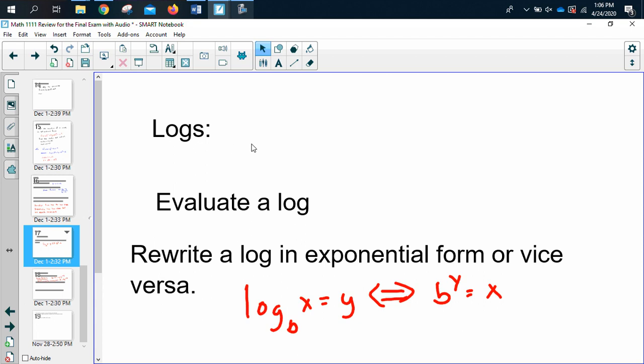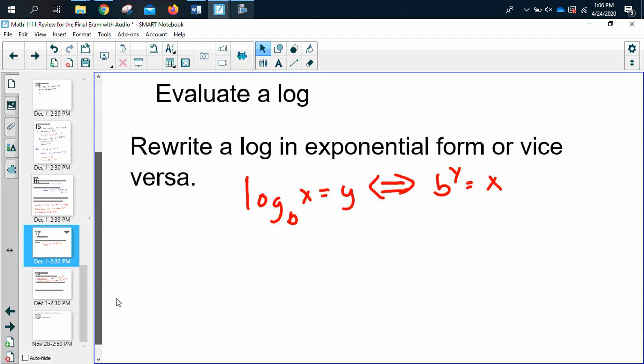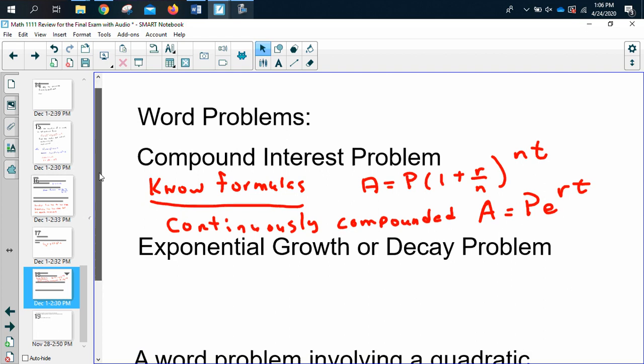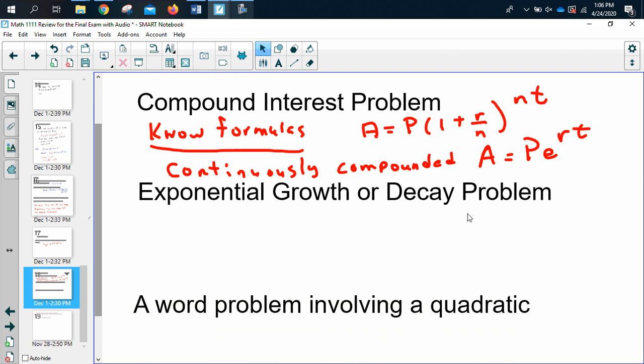Logs, be able to evaluate a log and rewrite a log in exponential form or vice versa. A word problem, possibly a compound interest problem involving these two formulas, or another kind of exponential growth or decay problem where the formula would be given.